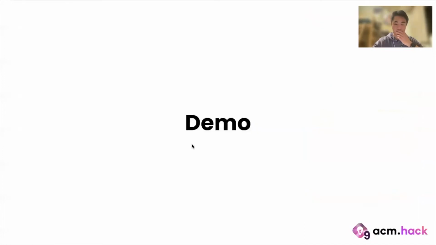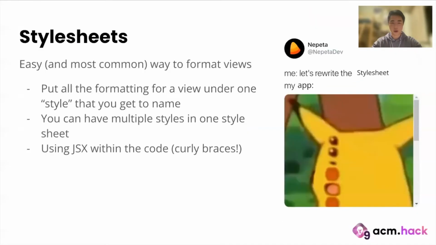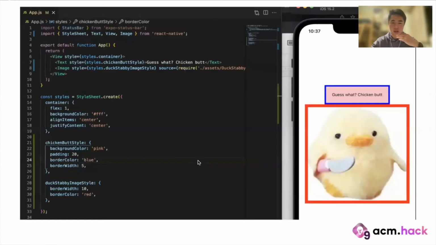Okay, so I blabbed quite a bit about what a style sheet is, but let's actually see it in progress. Oh wait, sorry, one really quick thing. I already mentioned that you can have multiple styles in one style sheet, but you might have noticed I said this is how we use JSX in the code with curly braces.